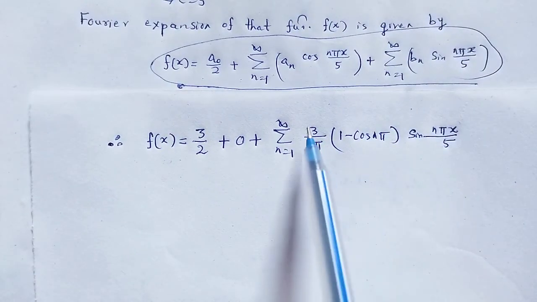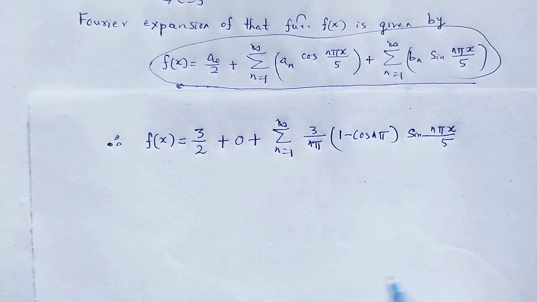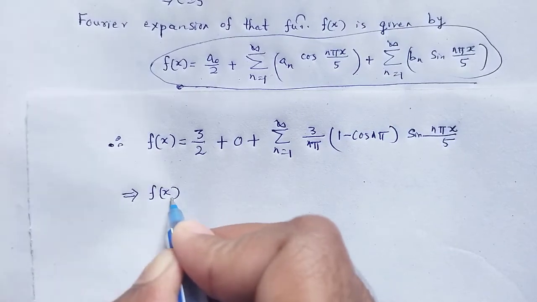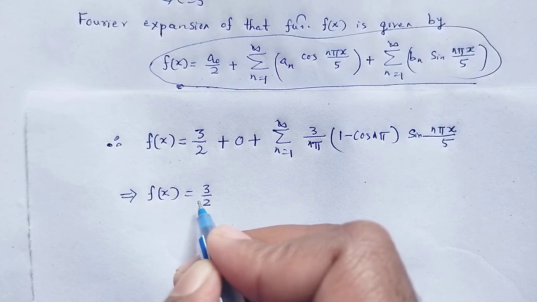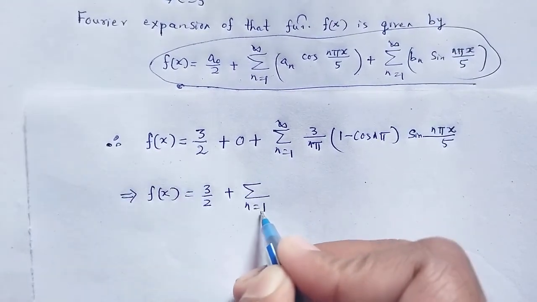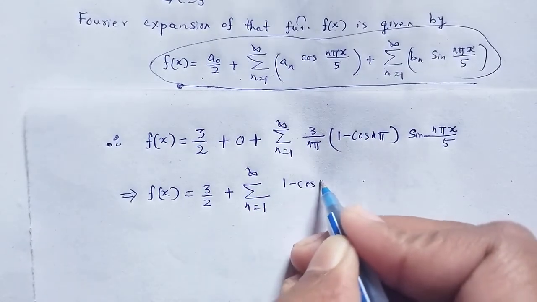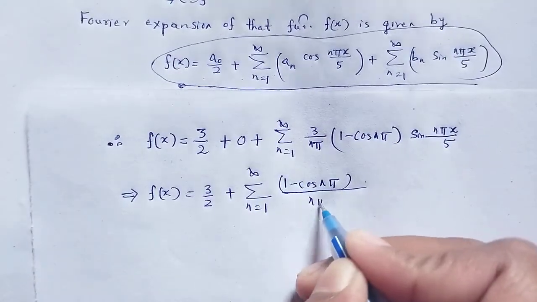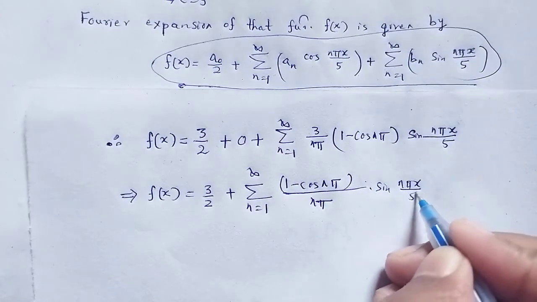Now we have to expand that series, which implies f of x is equal to 3 by 2 plus summation over n is equal to 1 to infinity, 1 minus cos n pi by n pi into sin n pi x by 5.